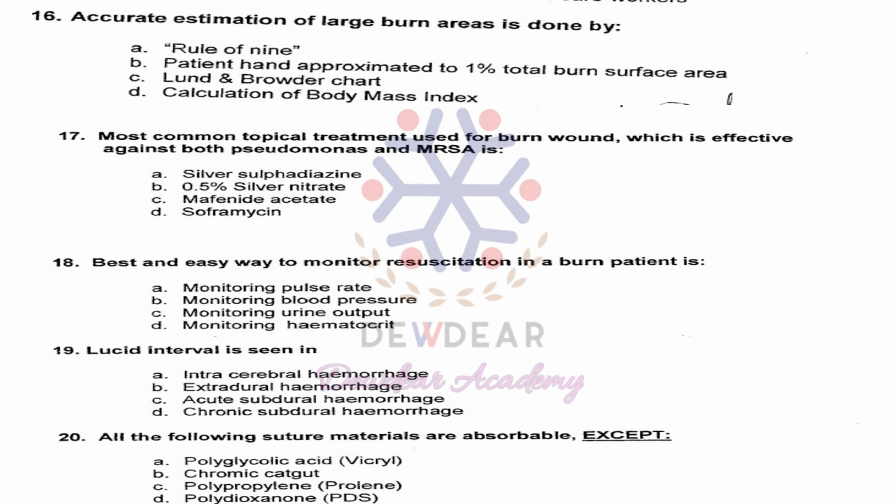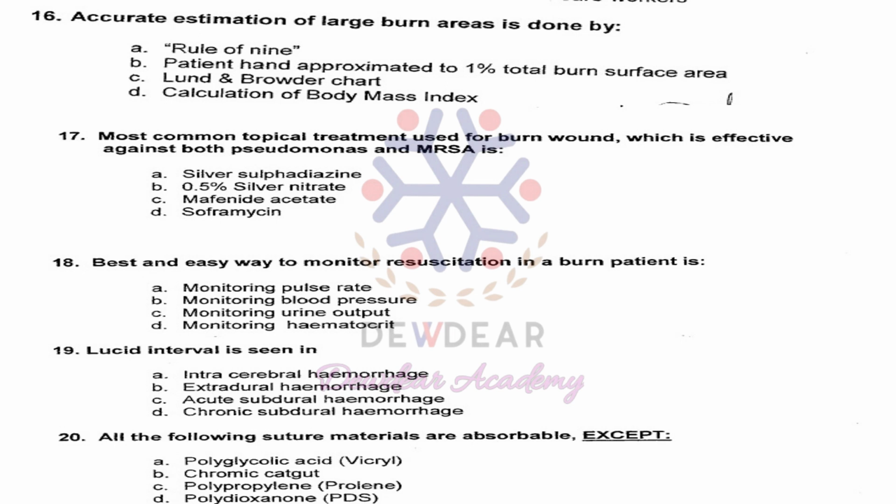Then question number 16. Accurate estimation of large burn areas is done by. Options are rule of 9, patient hand approximated to 1% total burn surface area, Lund and Browder chart, calculation of body mass index. So which is the accurate estimation of large burn areas?